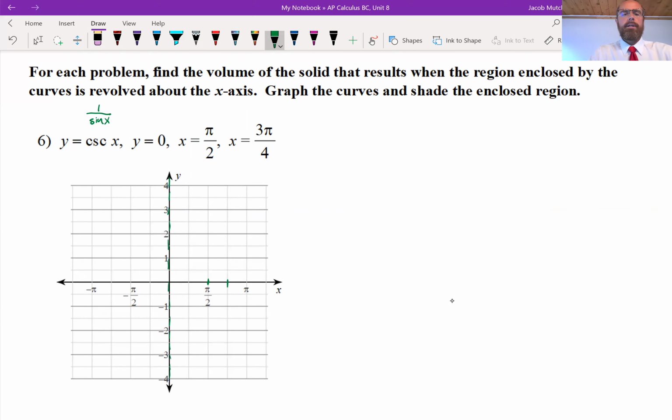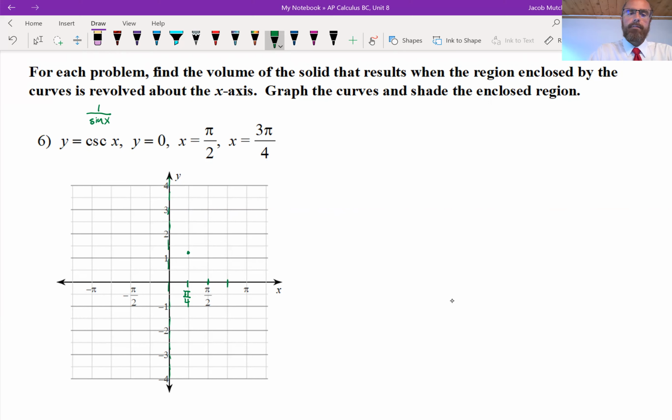So I'll move to the right from there. So I see I've got pi over 2, but let me consider also pi over 4. So at pi over 4, sine has the value of square root of 2 over 2. That's that isosceles right triangle at the 45 degrees. So if I were to flip over and divide 1 divided by square root of 2 over 2, that's all going to reduce to square root of 2, which has the value of about 1.414.